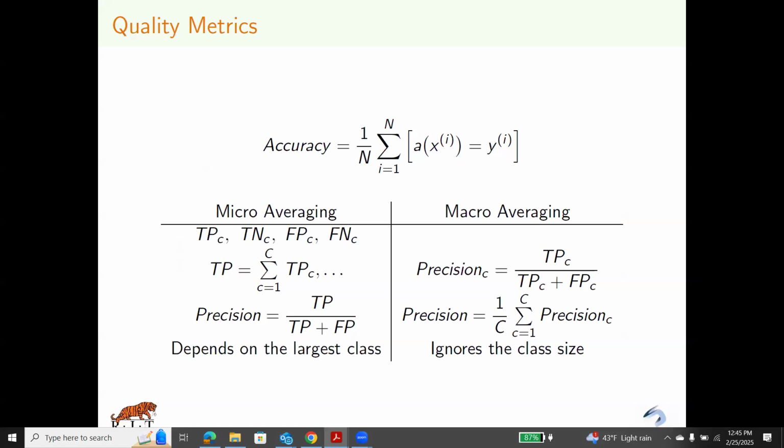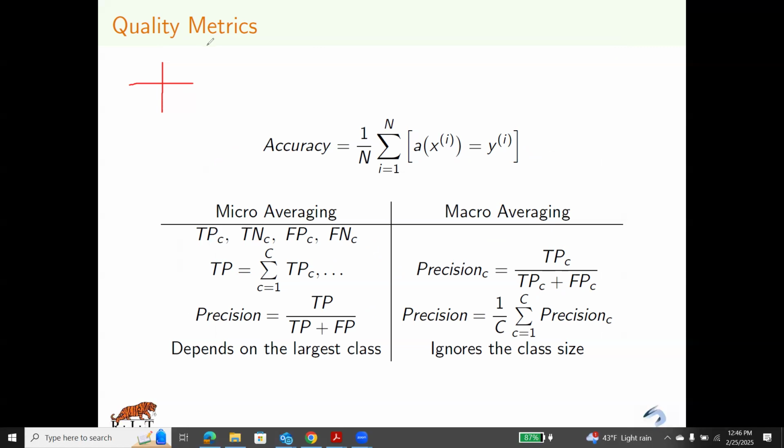But how to build a confusion matrix in case of multi-class classification? Let's talk about this, because the confusion matrix has just true positives and false negatives. It was built for binary classification. The answer is that we will build a confusion matrix for every class.